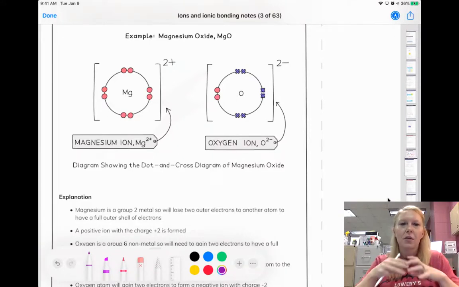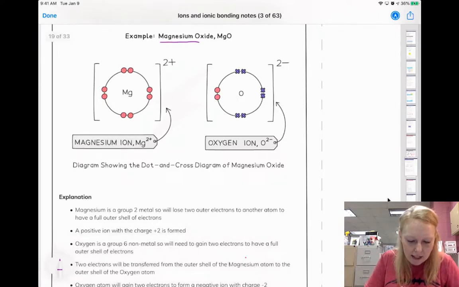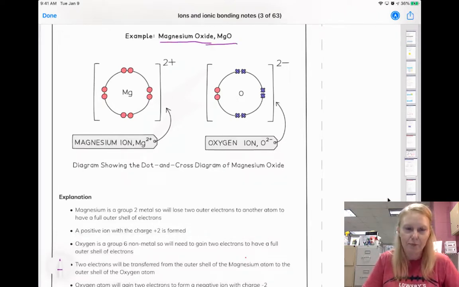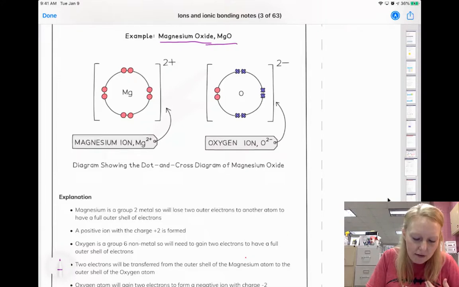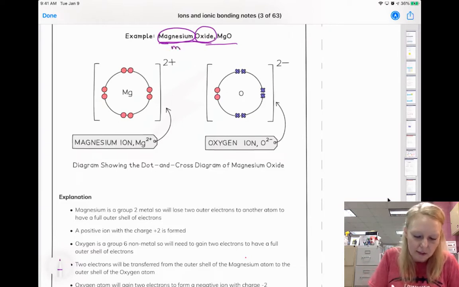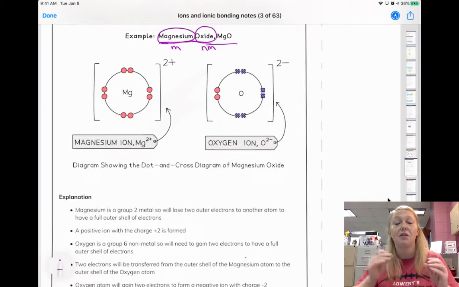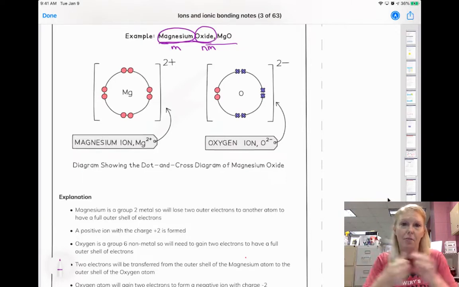So the first thing I want you to notice is on my notes, we're looking at magnesium oxide. All right, so that's made up of magnesium metal and oxygen as my nonmetal. So I'm just going to label those metal and nonmetal, so you do understand that with ionic bonding, you do have to have a metal and a nonmetal.